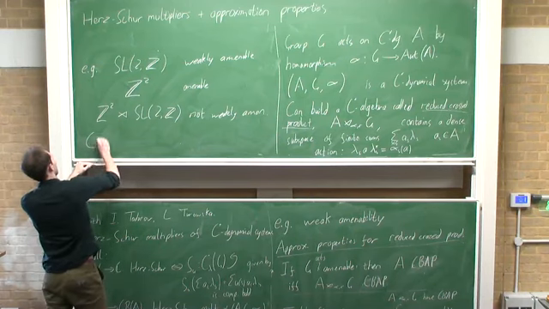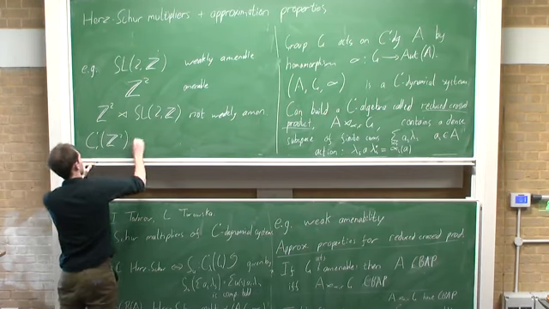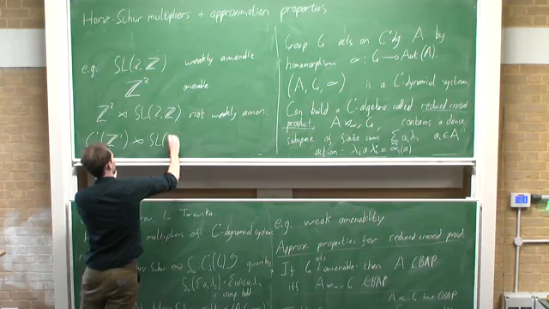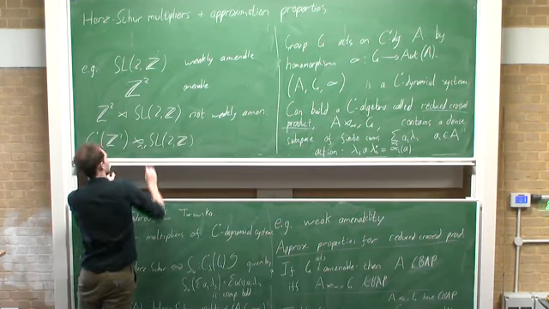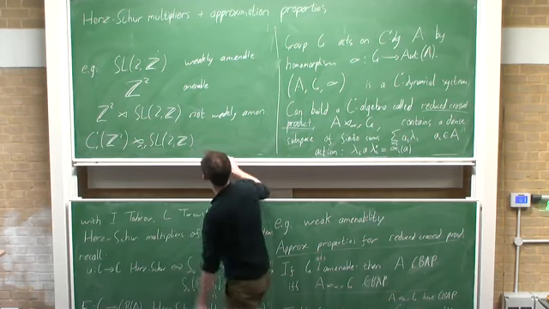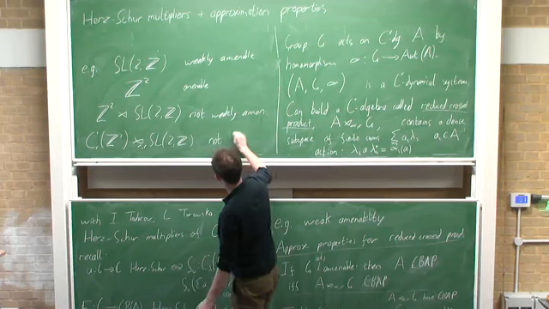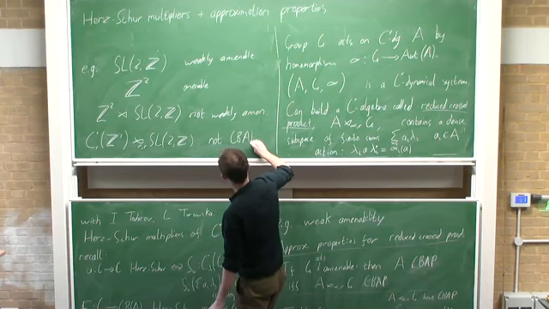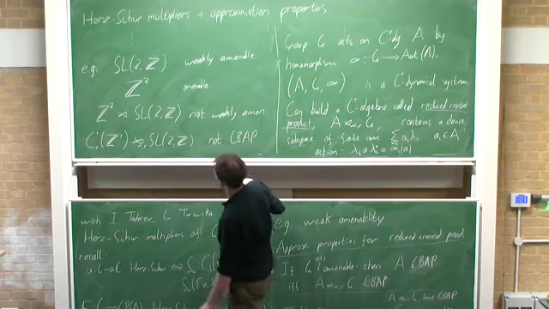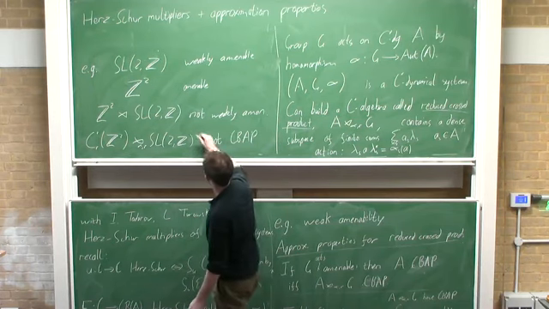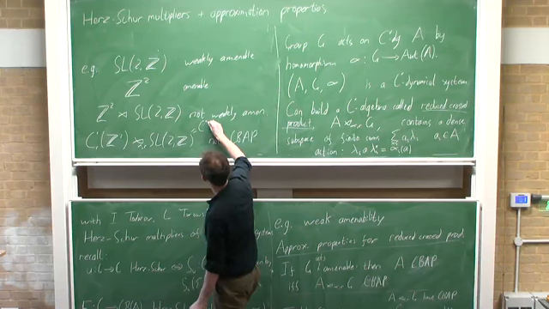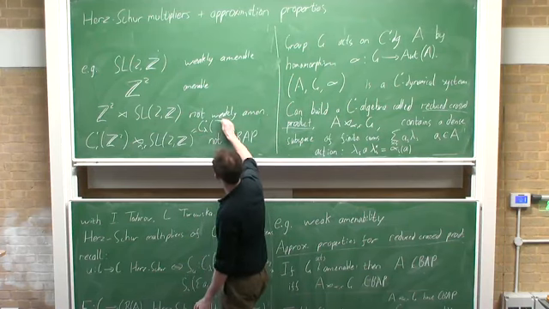So I should say, this cross product is the same as the reduced C-star algebra of this semi-direct product.